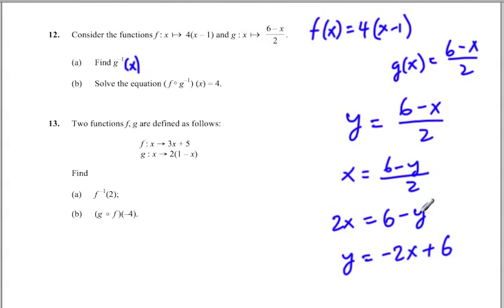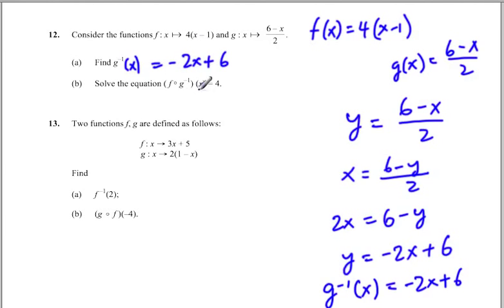All I did was I added y on both sides and I subtracted 2x, and so that's how we end up. But remember, the final step is to write g inverse of x is equal to negative 2x plus 6. Sorry, I don't know why I said 2, but negative 2x plus 6.